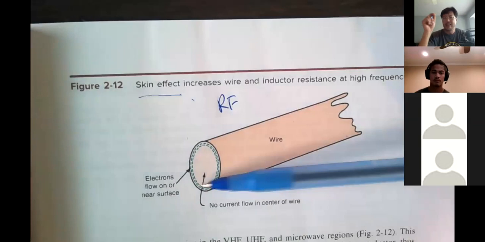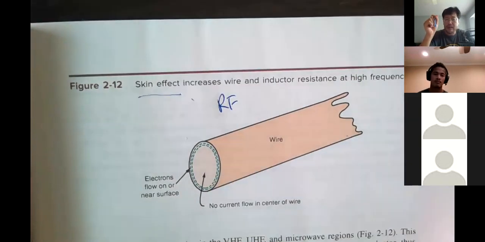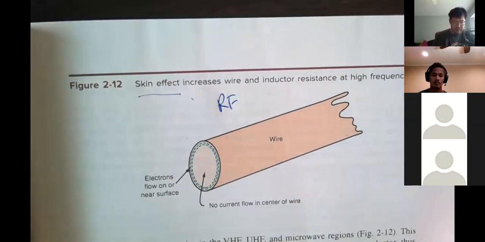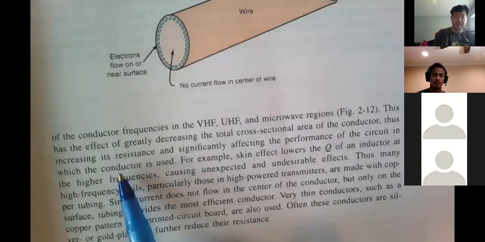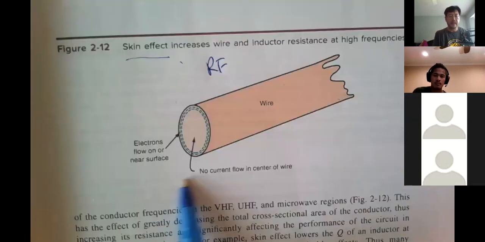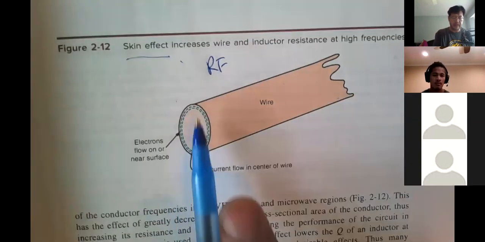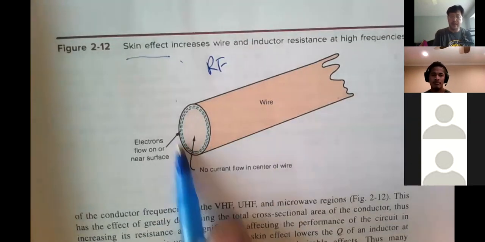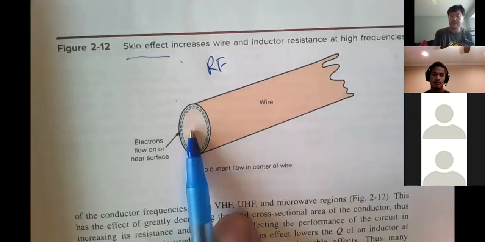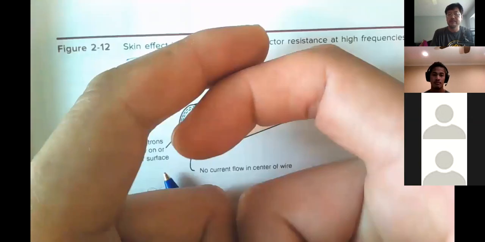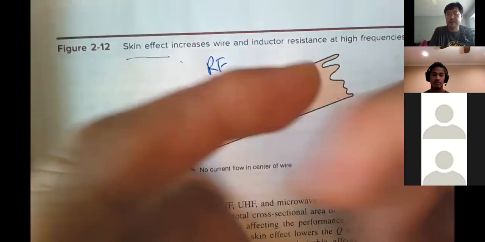That effect can create a lot of loss if you're not careful. So that's another loss source, skin effect. The electrons only travel in the skin, not inside, even though you have a solid piece of copper. Solid copper still doesn't help. How about the surface area?